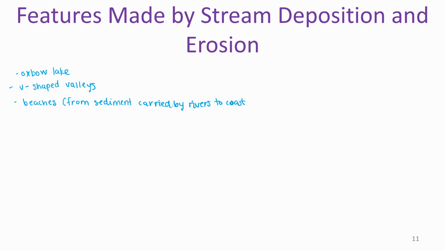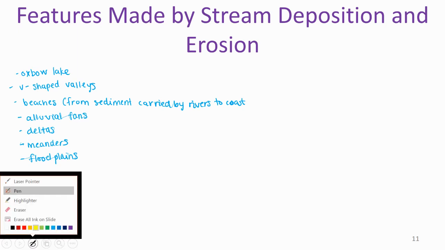We have alluvial fans, deltas, meanders, and also flood plains.